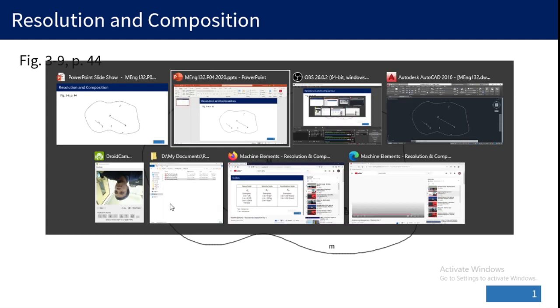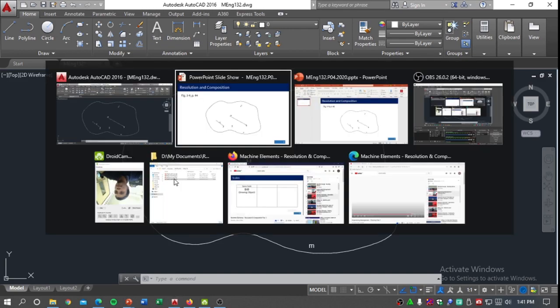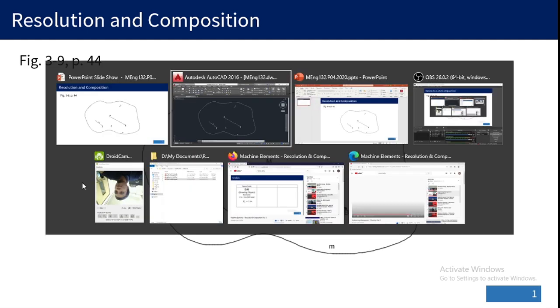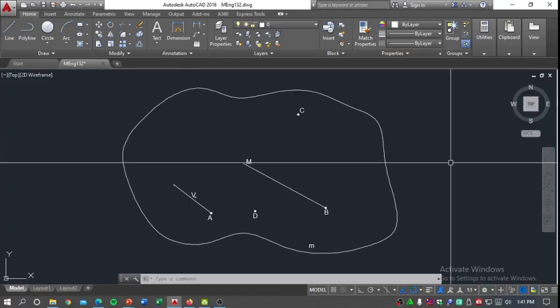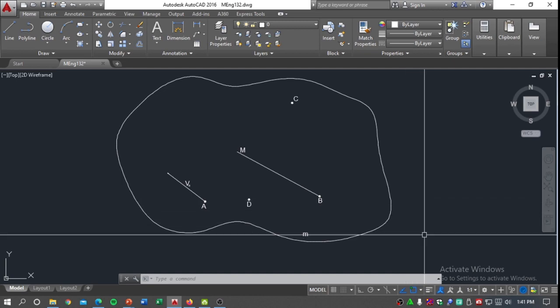Alright, so let's go to AutoCAD right now, and I'll demonstrate how to obtain the velocities of the 3 points. Okay, so this is our figure right now.